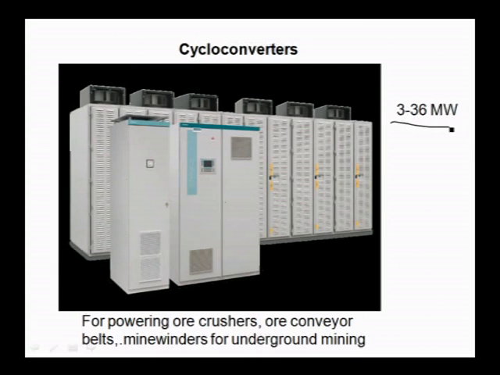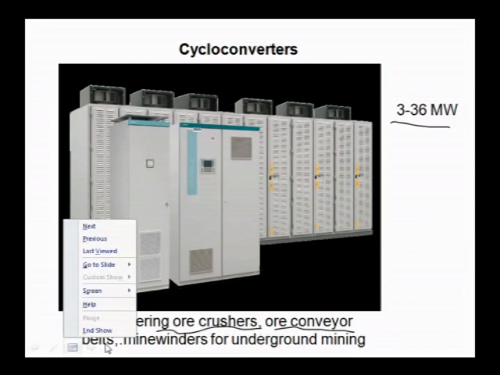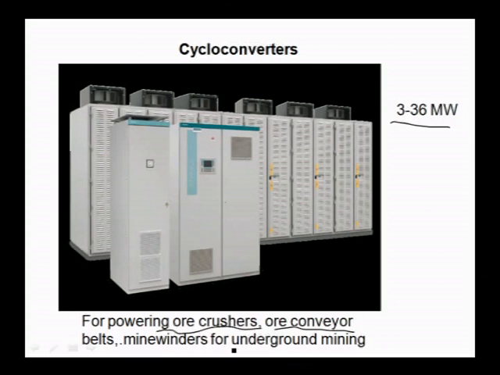You can note down the applications again: powering ore crushers, ore conveyor belts, mine winders, and underground mining. These are the applications. Ore crushers and ore conveyor belts run at very low speeds, so we can use cycloconverters.